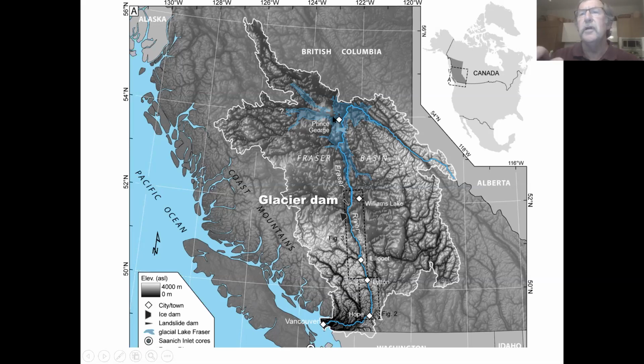So very, very large lake. You can imagine it held a tremendous volume of water. So this is the situation immediately, I think, immediately prior to the megaflood.